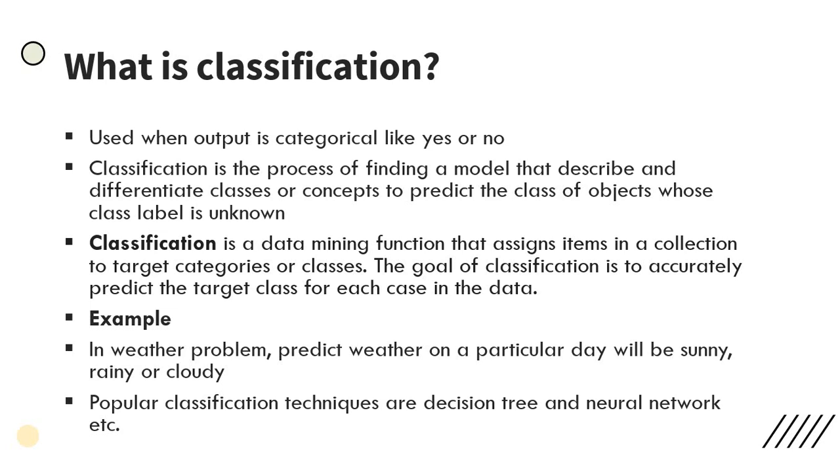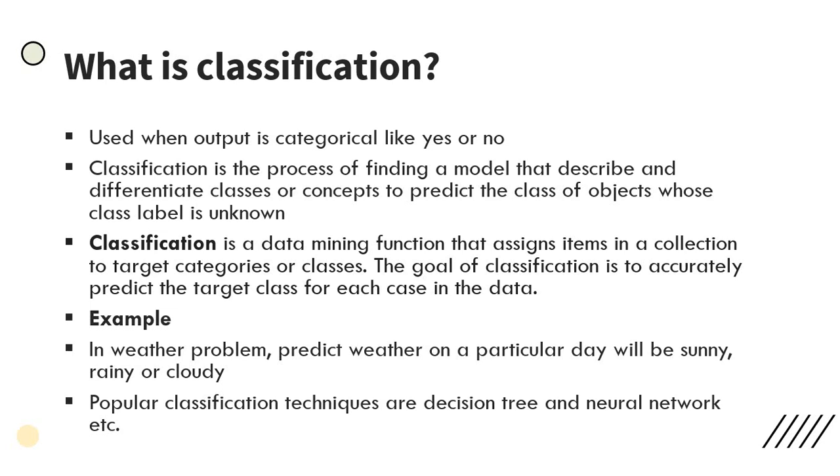Now an unknown triangle is given to the model, but the model doesn't know what that object is. The model goes through the process, and after that it says yes, this is a triangle. So the model puts that unknown object into that particular class. That process is called classification.